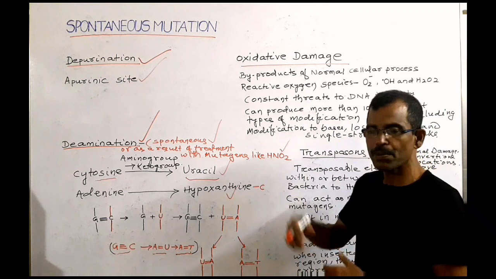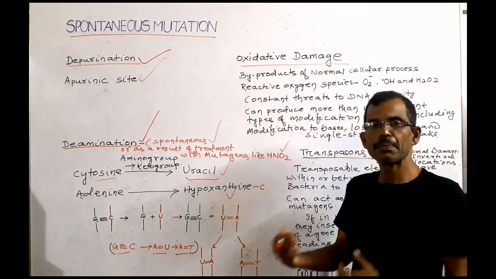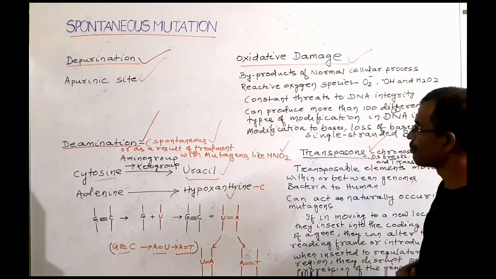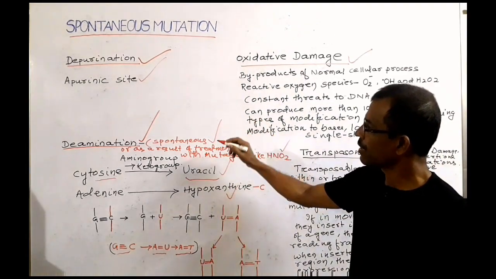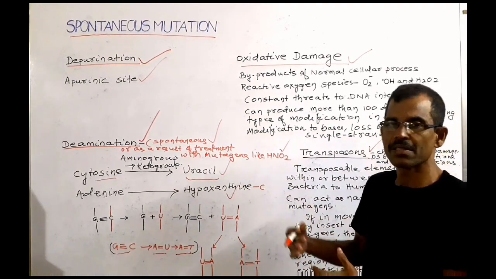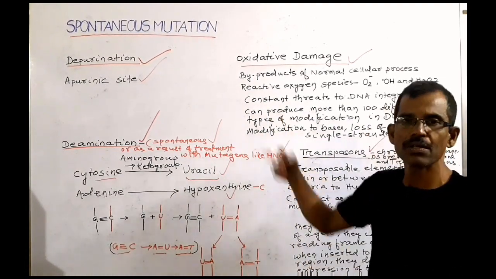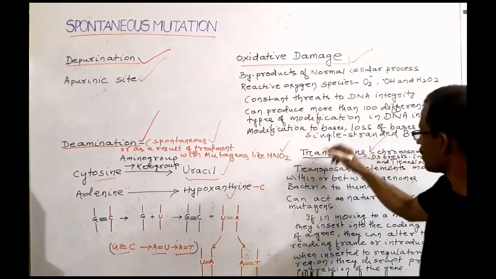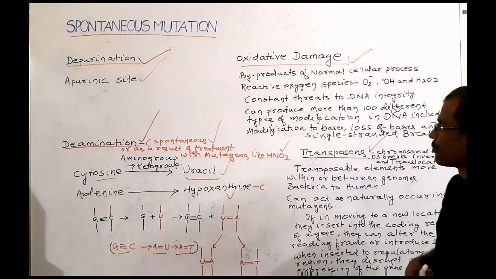So the process of deamination contributes to the chances of point mutation. In addition to depurination and deamination, there are certain other reasons that cause spontaneous mutation. One is oxidative damage, the other is transposons.